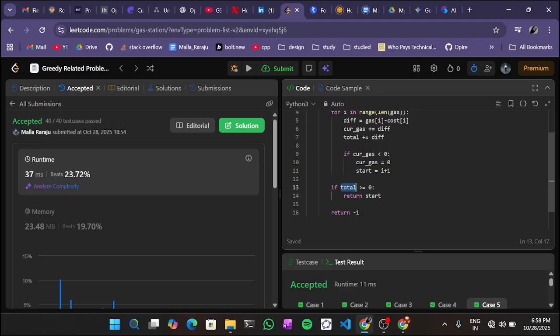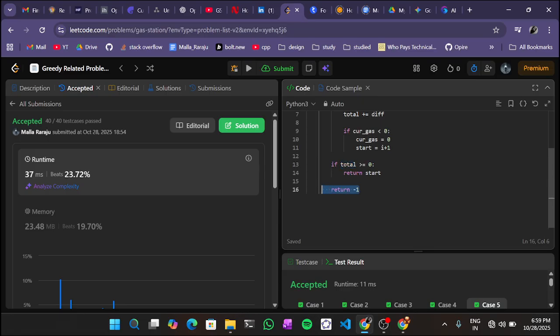If the total is negative, that means there won't be any position where you can start and not end up bankrupt, because you used all the gas you could get and still the cost of travel is much more than the gas you have. So we'll return -1.